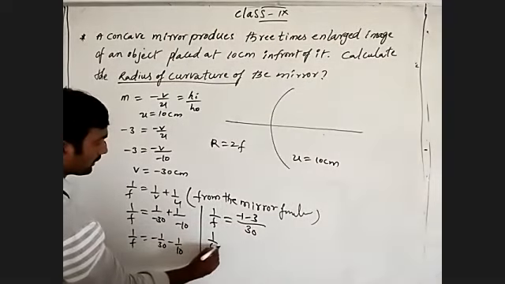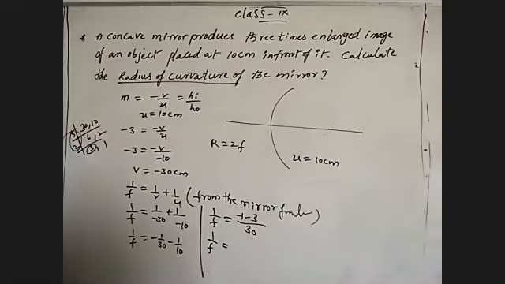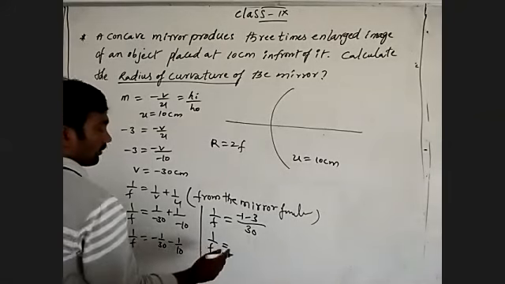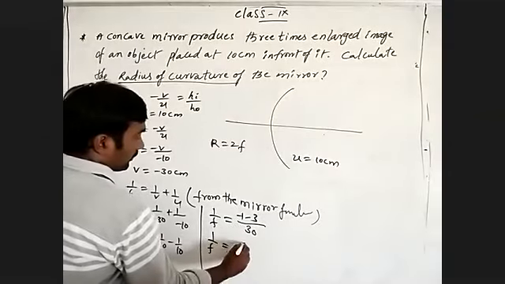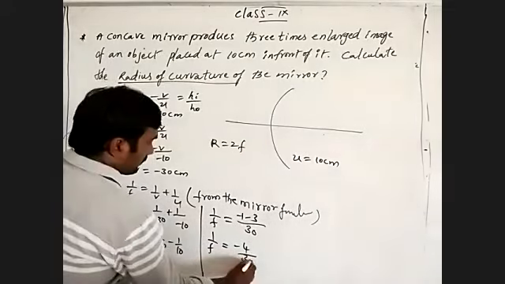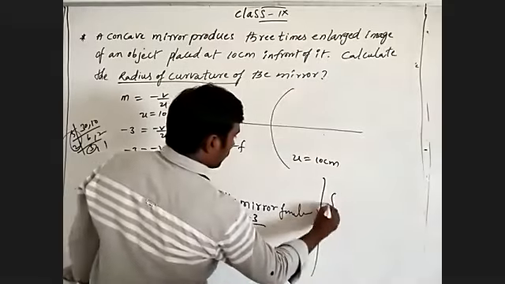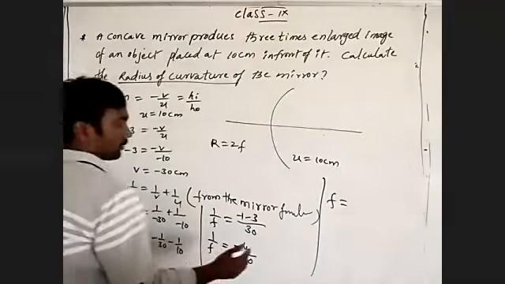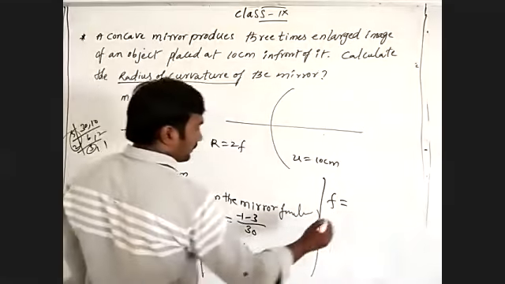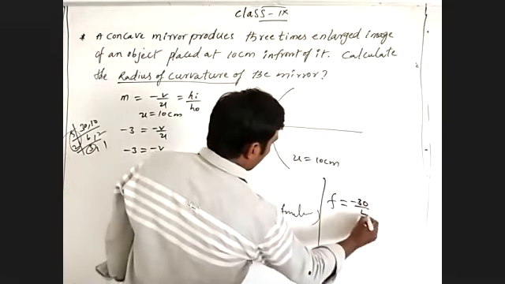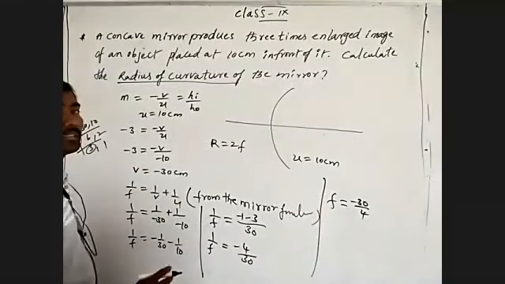So 1 by F is equal to minus 4 by 30. Minus 4 by 30, we can take the reciprocal. By making the reciprocal, focal length is equal to minus 30 by 4.